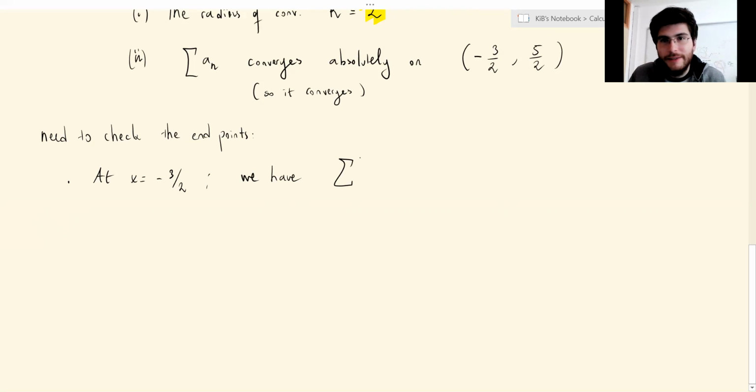Just substitute x equals minus 3/2. Actually, you will directly have something like this: 4 to the n, and these cancel out each other, and we have n here. These cancel out each other. So what we have is minus 1 to the n, but we know that this is divergent.